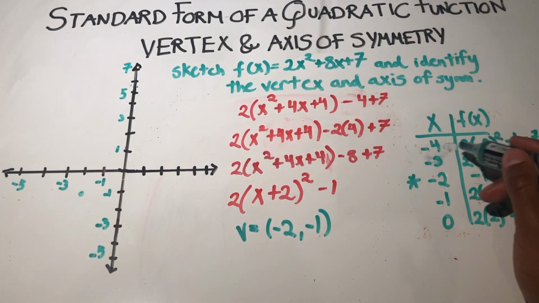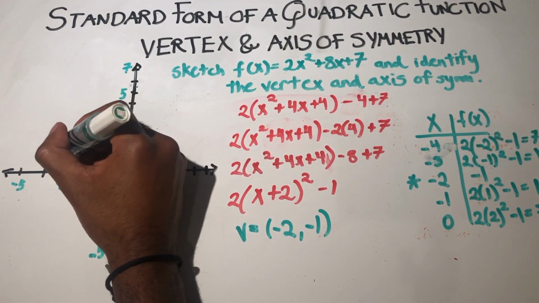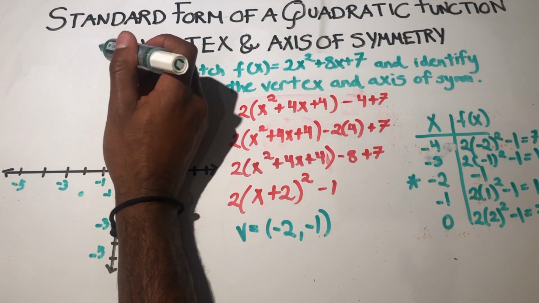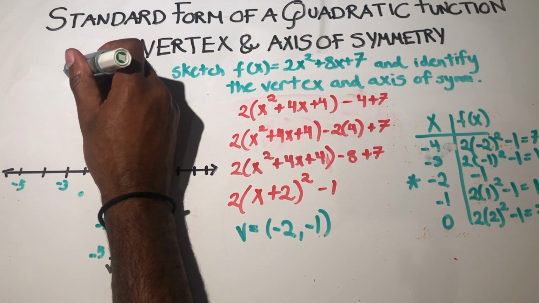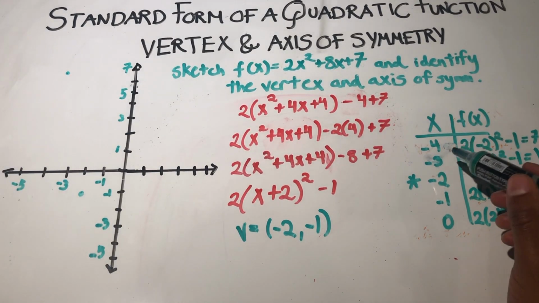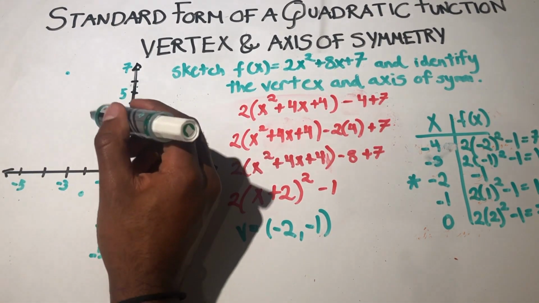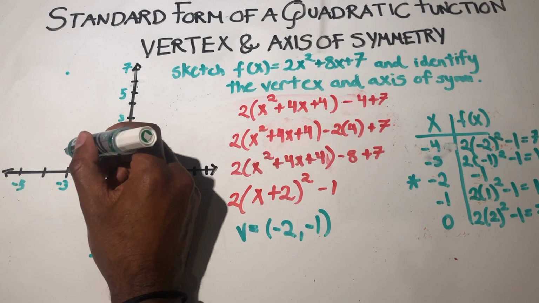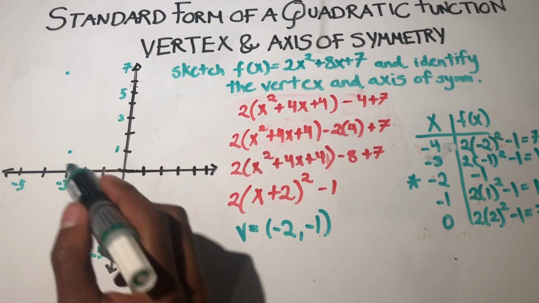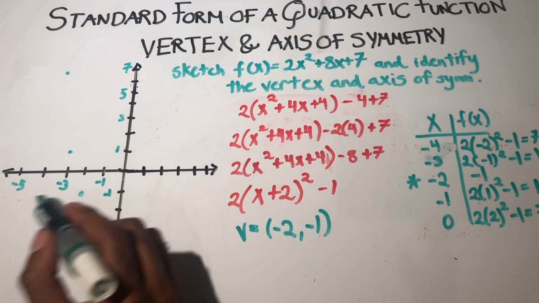So at -4 we have 7. The point is somewhere here. Then we have -3 and 1, which is here. We already have our vertex.